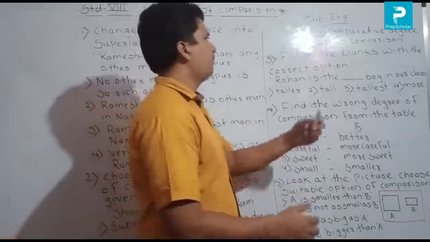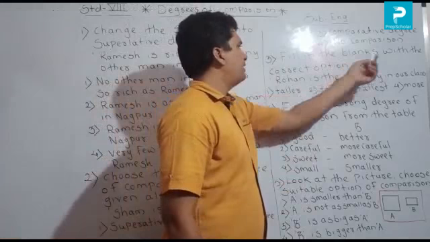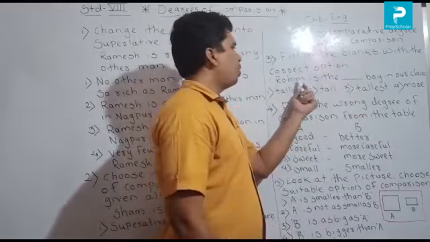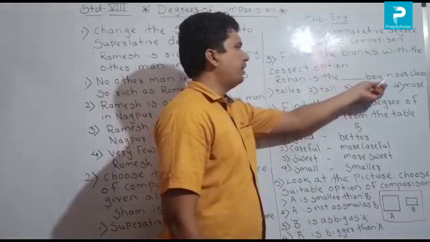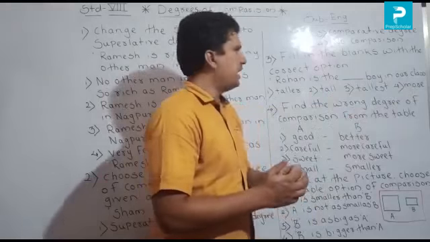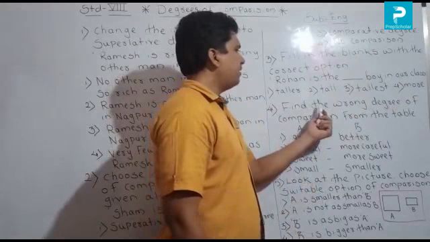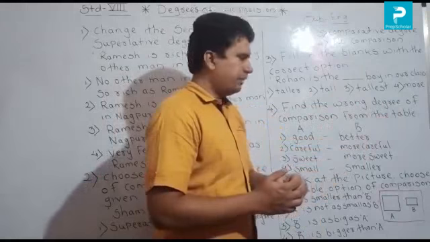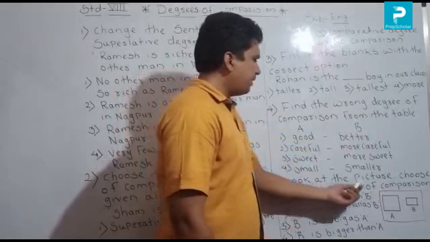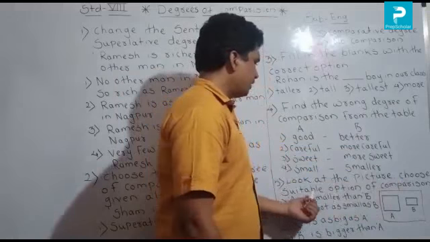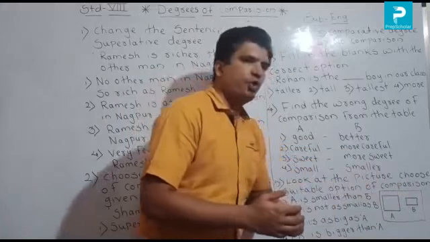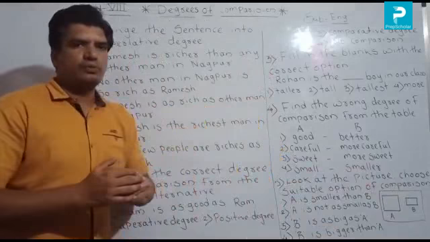Third, fill in the blanks with the correct option. The sentence is, Rohan is the ... boy in our class. Fourth, find the wrong degree of comparison from the table. Fifth, look at the picture and choose the suitable option of comparison. This picture. So questions on degrees of comparison come like that.